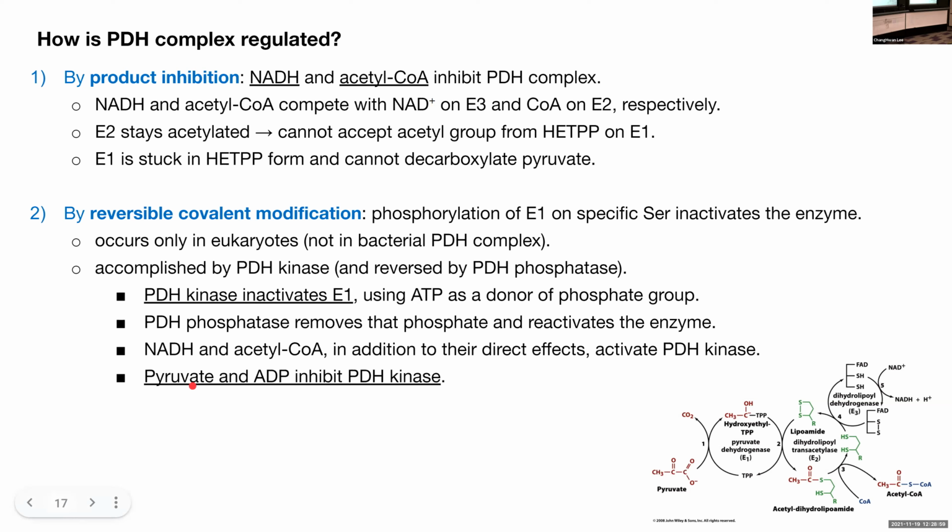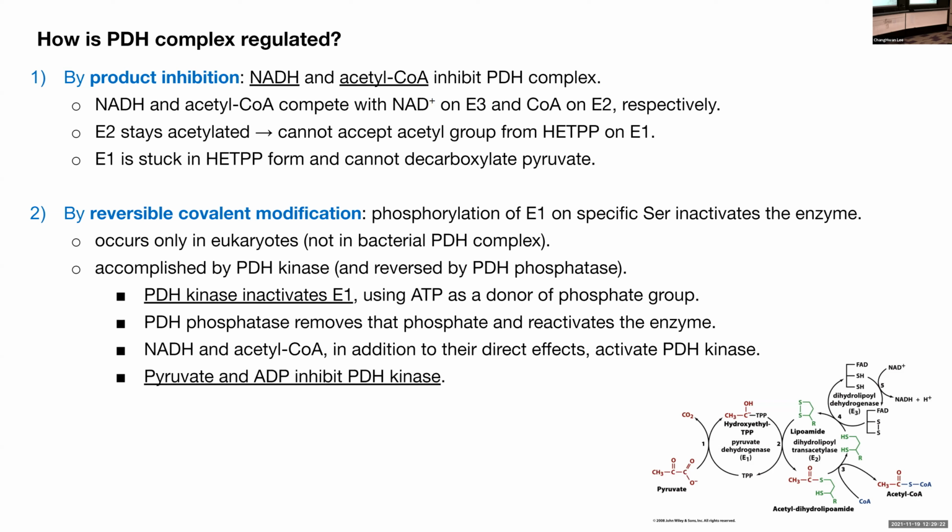So pyruvate will inhibit the kinase, meaning that the kinase will not be as active, right? So it will not efficiently inactivate E1. If it doesn't inactivate E1 too well, then it's actually going to be activating the E1 activity, which is one of the PDH complex.